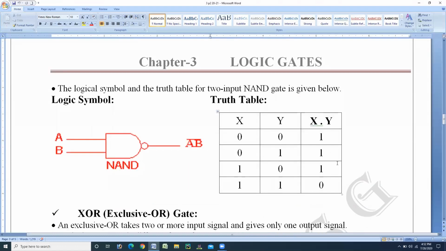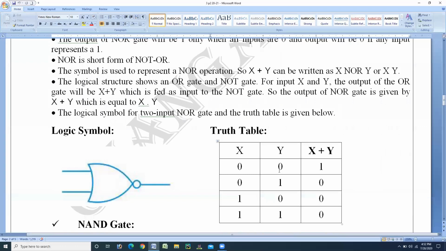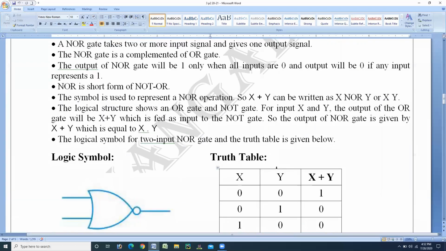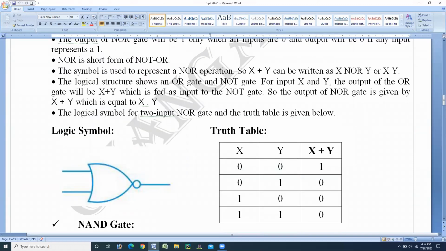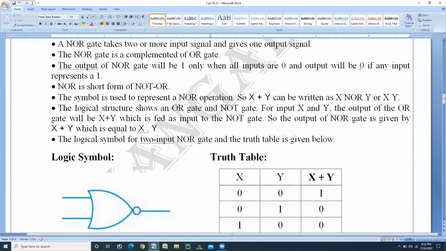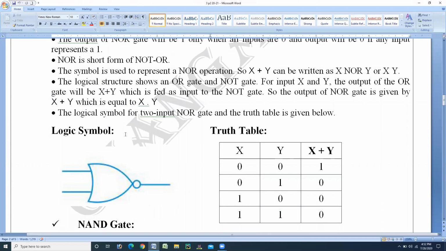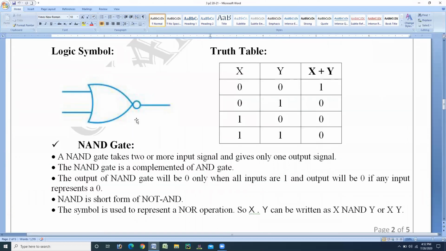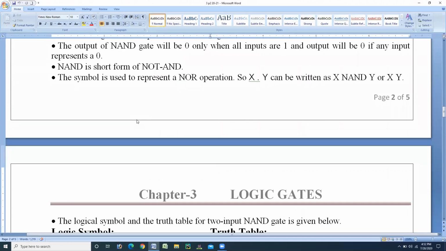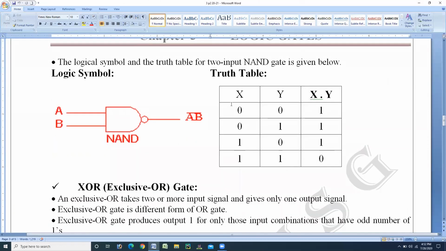See here, now the truth table. In the truth table, we need some changes. x is one input, y is another input.